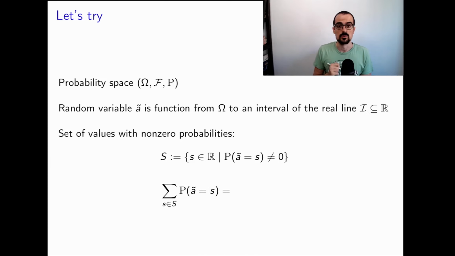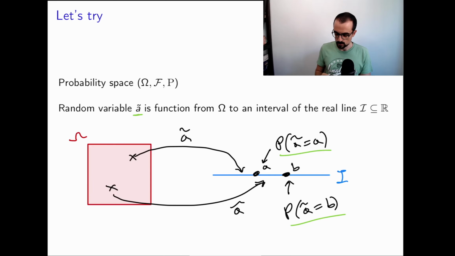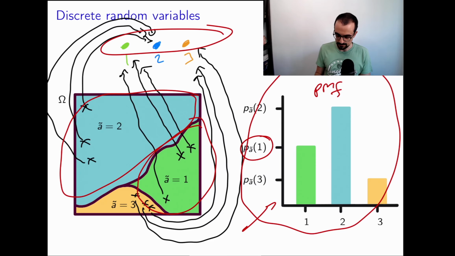Now let me ask you, if I sum the probabilities of all the points in this set, which are the points such that the probability that A is equal to that point is non-zero, what should be the sum of all those probabilities? For that, maybe we can remember what we did for discrete random variables. I'll go back for a moment, and maybe I'll erase all of this so that you can see a little better.